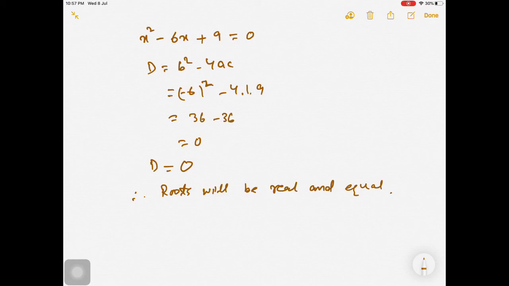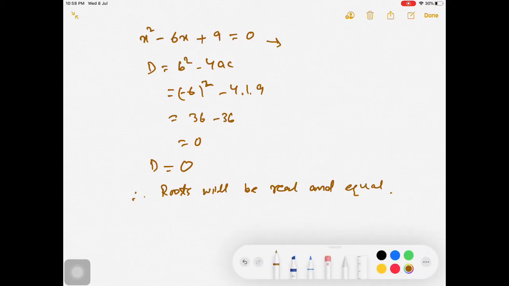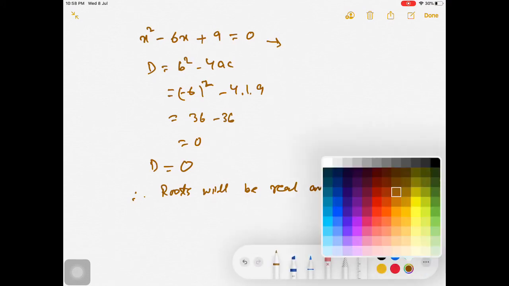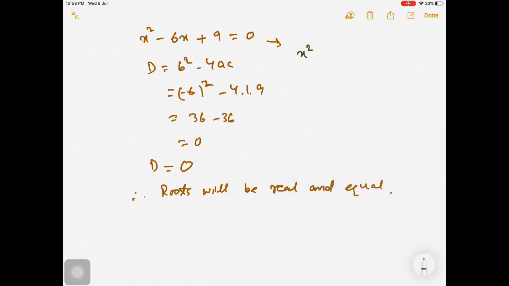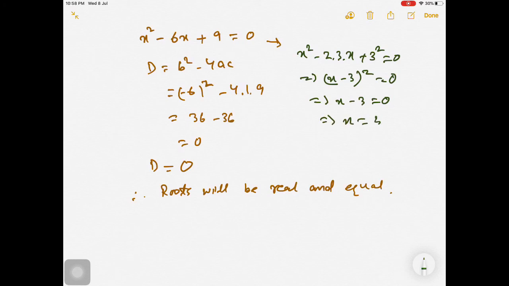Here if you go for finding the roots also, you see this is the square of x minus 3. If you go for solving it, you will find that this is equal to x square minus 2 into 3 into x plus 3 square. That gives you x minus 3 whole square equal to 0, which implies that x minus 3 equal to 0 and x equal to 3.